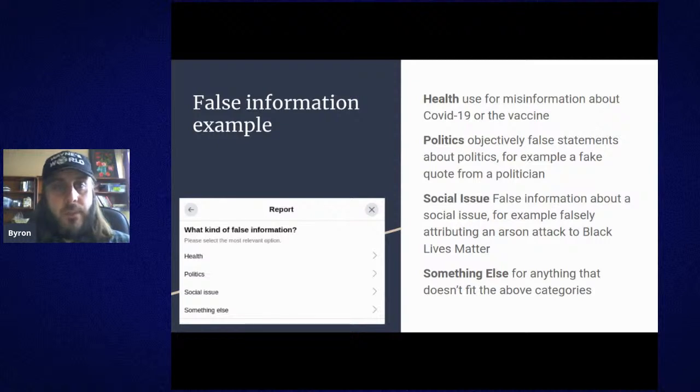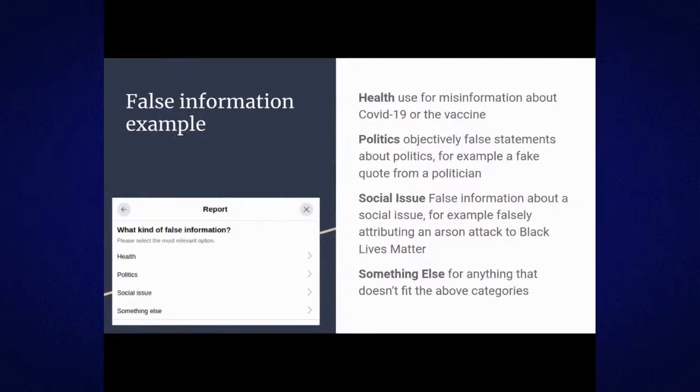Looking at the false information example, it then asks you what kind of false information. Health is one that I've been using a lot lately. This is the one to use if there's misinformation about COVID-19 or the COVID-19 vaccine. Politics is for objectively false statements about politics. For example, a fake quote from a politician.